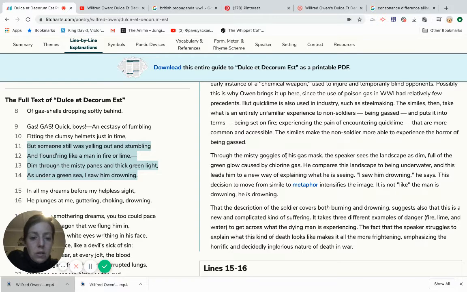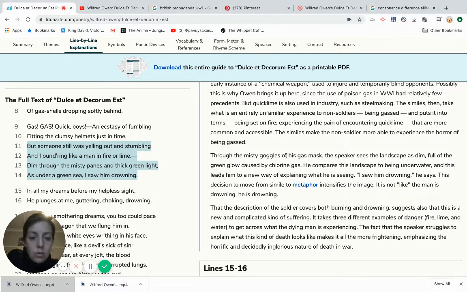Through the misty goggles of his gas mask, the speaker sees the landscape as dim, full of a green glow caused by chlorine gas. He compares this landscape to being underwater, and this leads him to a new way of explaining what he is seeing. "I saw him drowning," he says.